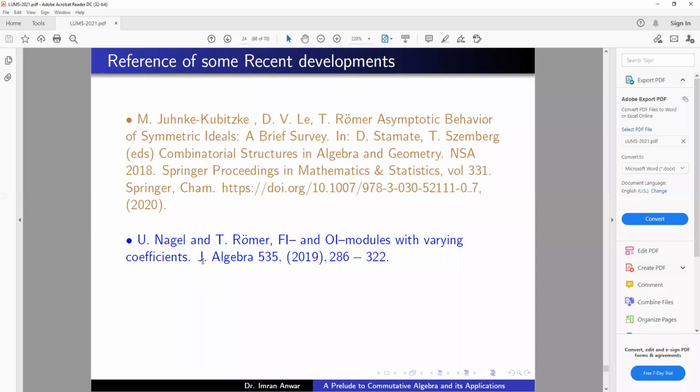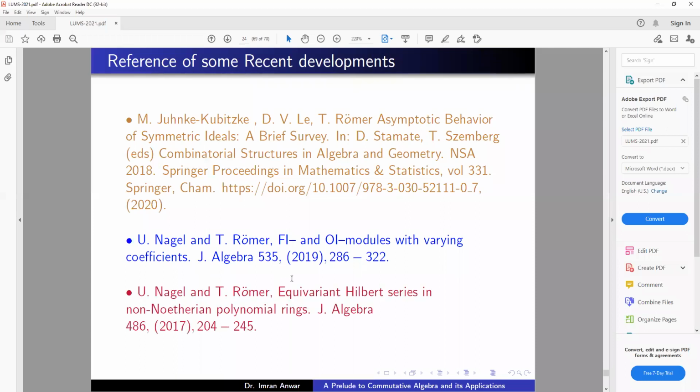So this is the starting paper which appeared in the Journal of Algebra. And later on, there is another paper by Uwe Nagel and Tim Römer, where they were discussing the equivariant Hilbert series. There you can find many counterexamples. So equivariant Hilbert series in non-Noetherian polynomial rings. Again, this work appeared in the Journal of Algebra. So this area is widely open.